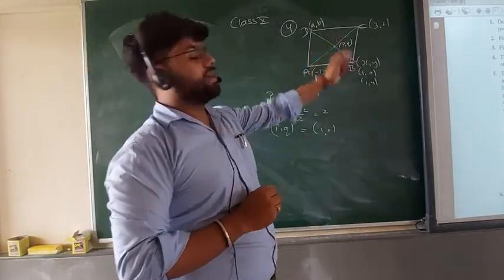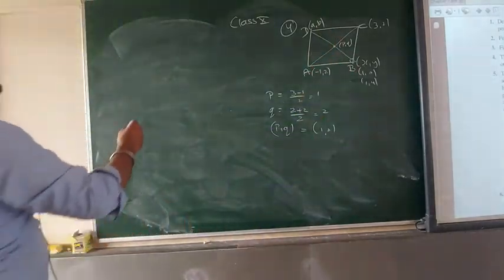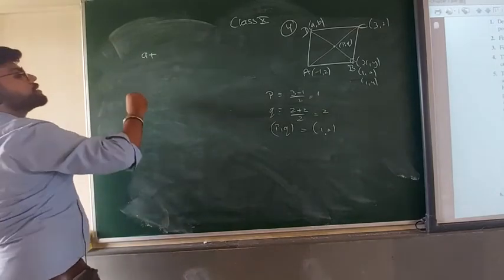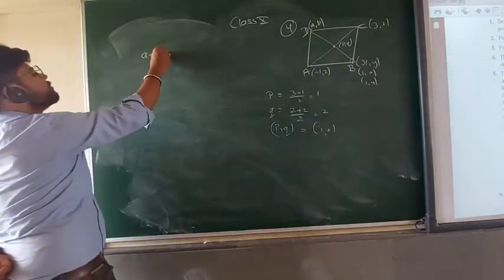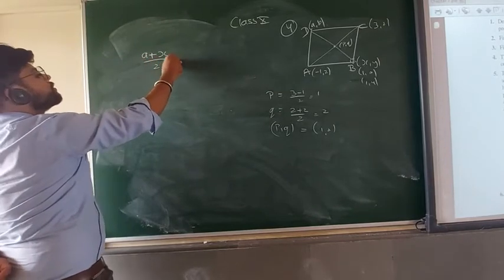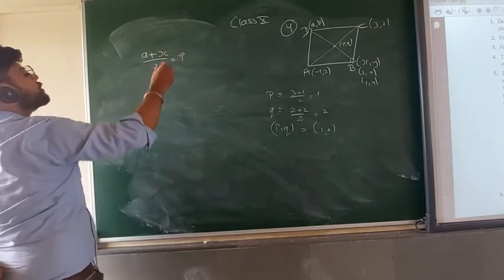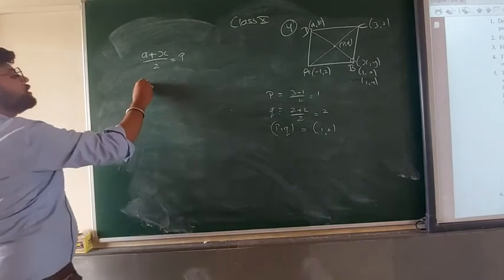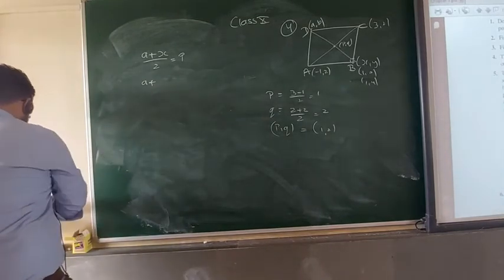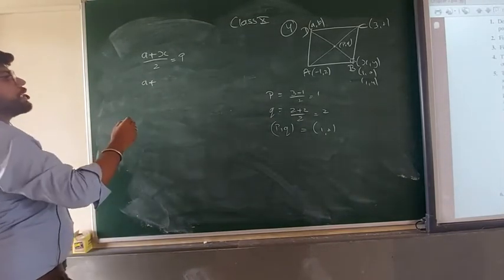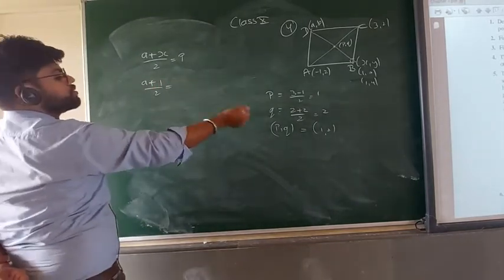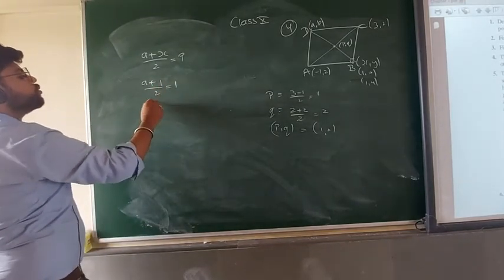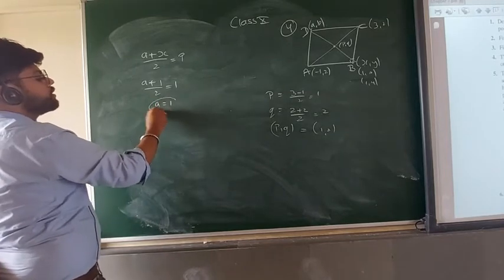Now I can find (a, b). That (a plus x) divided by 2 is equals to p. The a value we have to find. The x value is 1, upon 2, the p value I found is 1, then the value of a is 1.